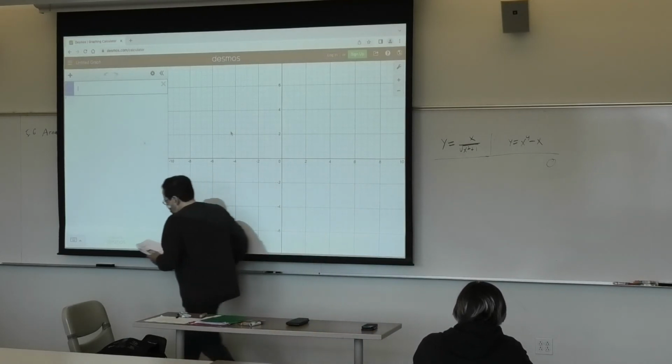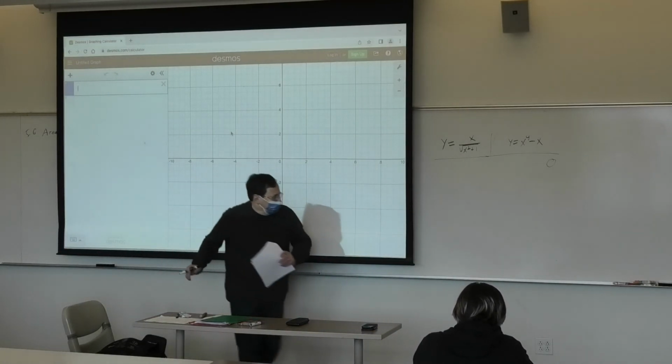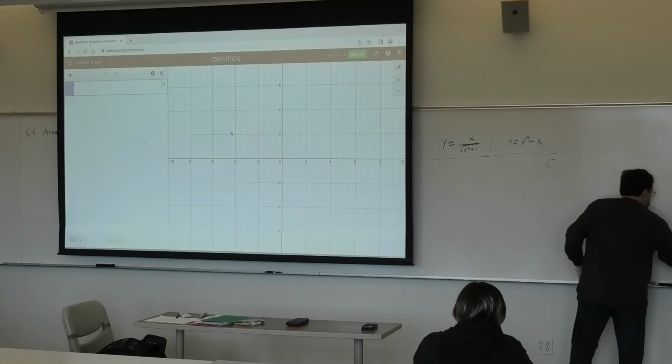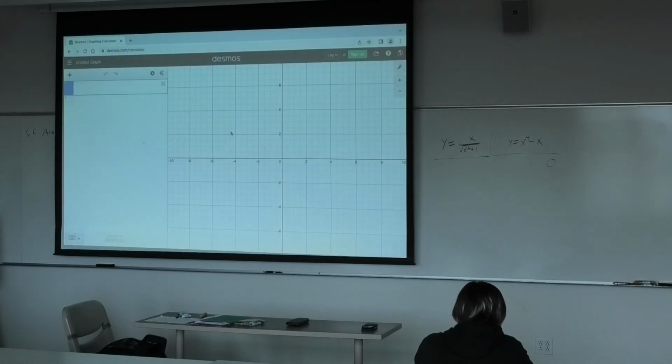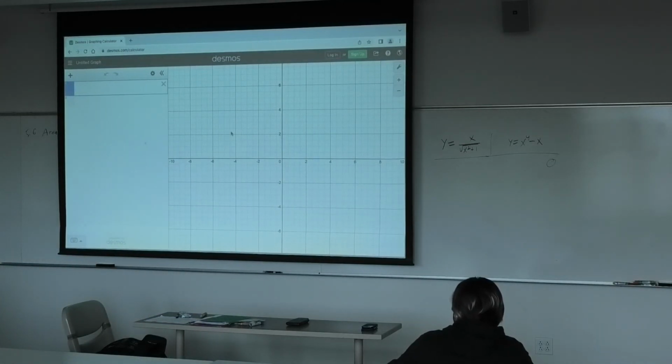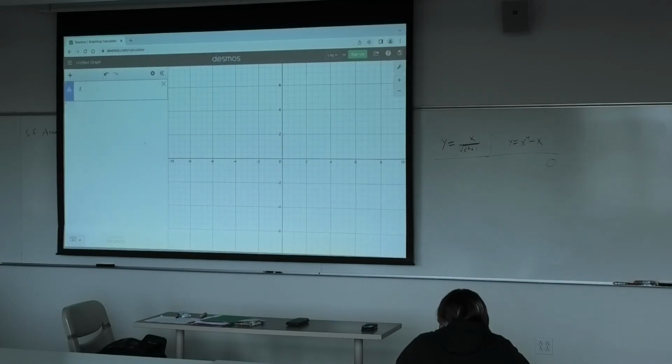Now let's take a look at what this actually looks like. Any of you CS majors out there want to see an example of really nice user interface?